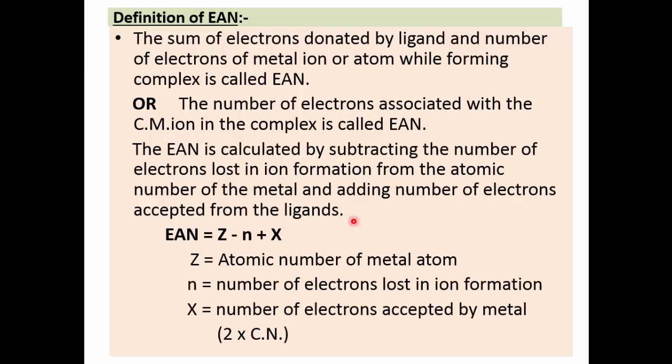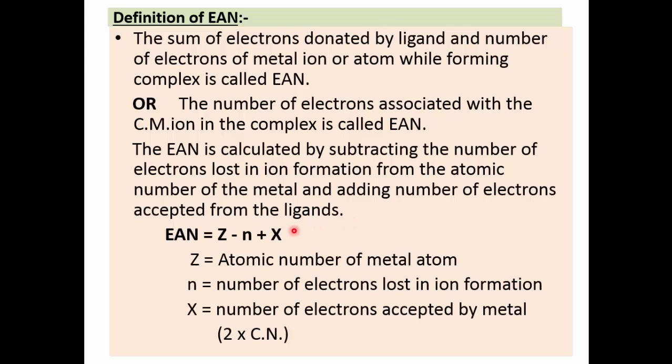And during formation of the complex, metal undergoes formation of metal ion. At that time, there is loss of electrons. So we have to subtract this number of electrons from the atomic number of the metal, and we have to add the number of electrons which are donated by the ligand.